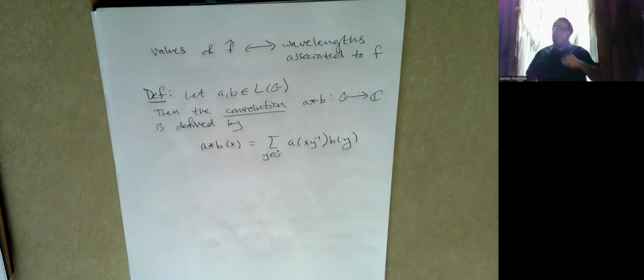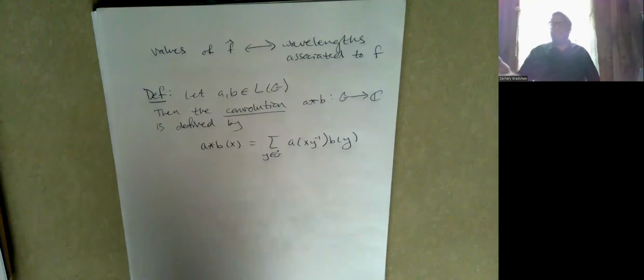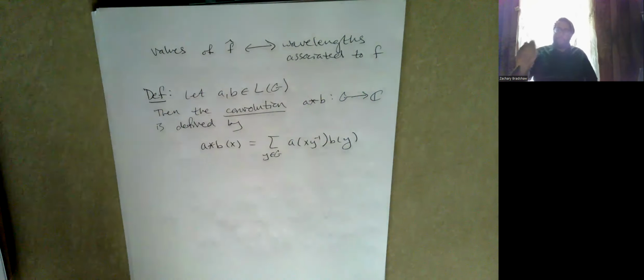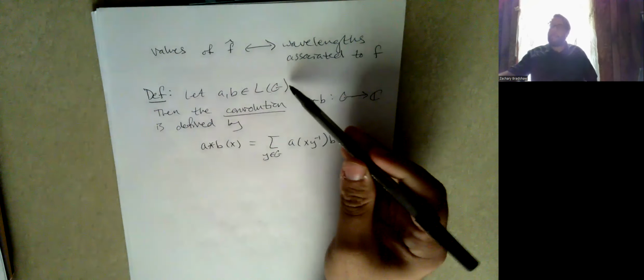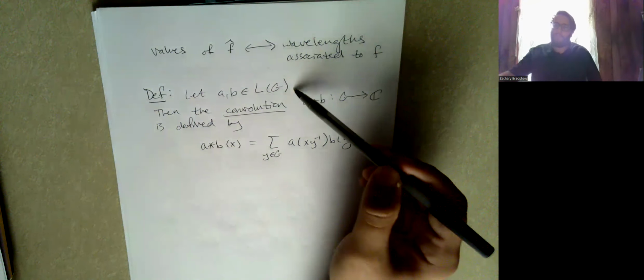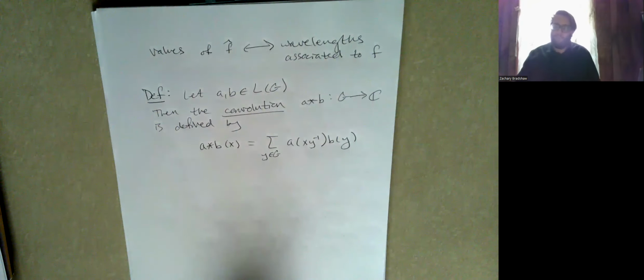So the fact that this is a product on this L of G, the group algebra, explains the name group algebra. It explains why we call this thing an algebra. It's an algebra equipped with the product of convolution.